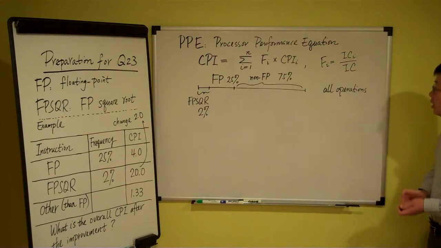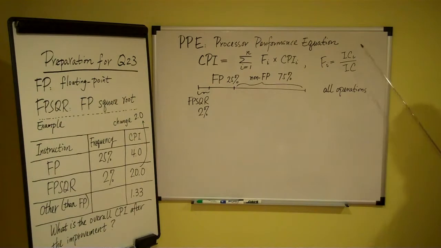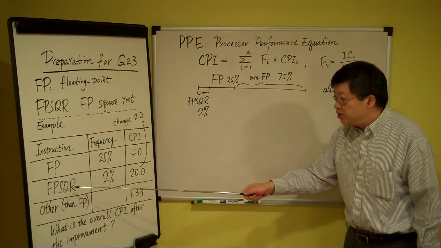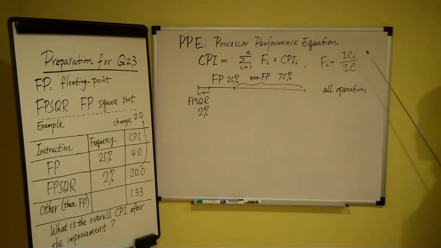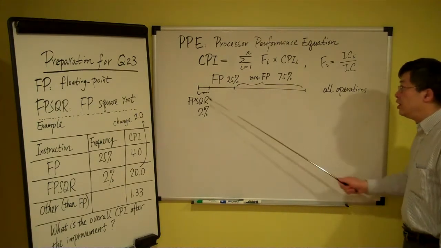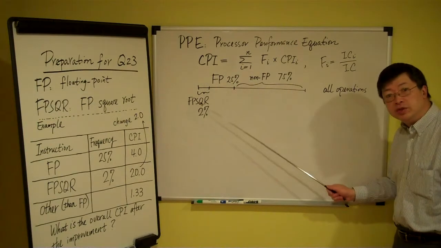Its definition is the instruction count of this operation, this FP-SQR operation, over the total instruction count for all operations.